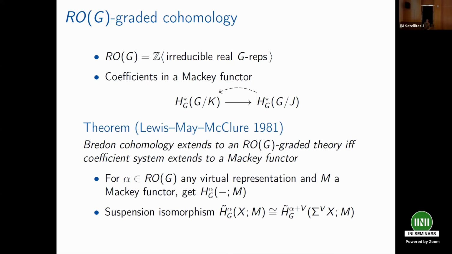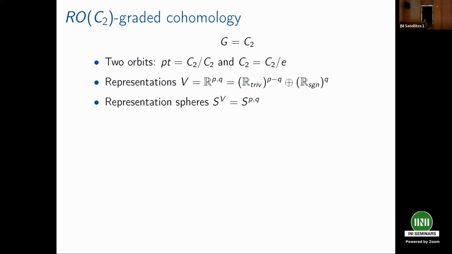And so you see that I need to be able in this RO(G)-graded world to add and subtract representations from the indices. And that's why we grade on a free abelian group of irreducible real G reps. Okay. So that was a very quick crash course in RO(G)-graded equivariant cohomology.